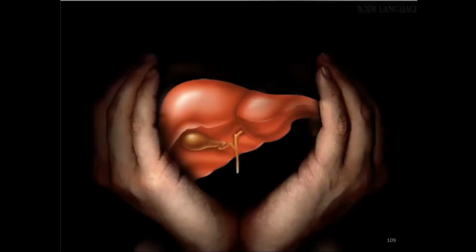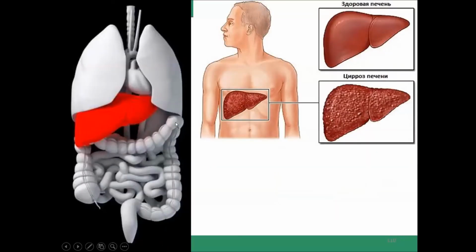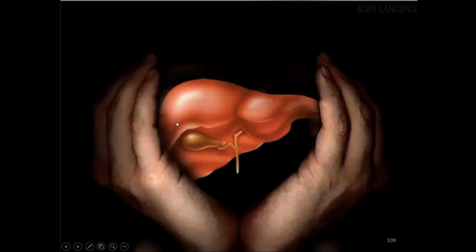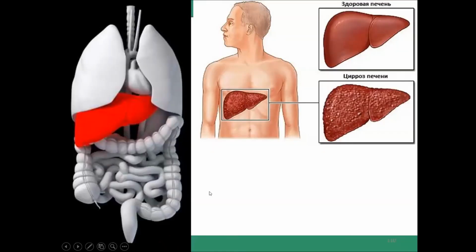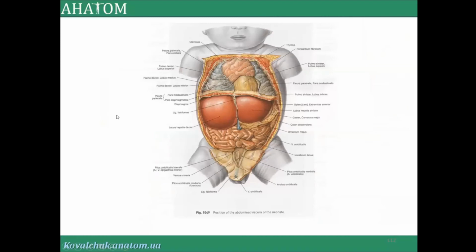There are variants, different forms of the liver, and the liver is a very big mechanism in our body. It's a laboratory, and taking care of the liver is very important.